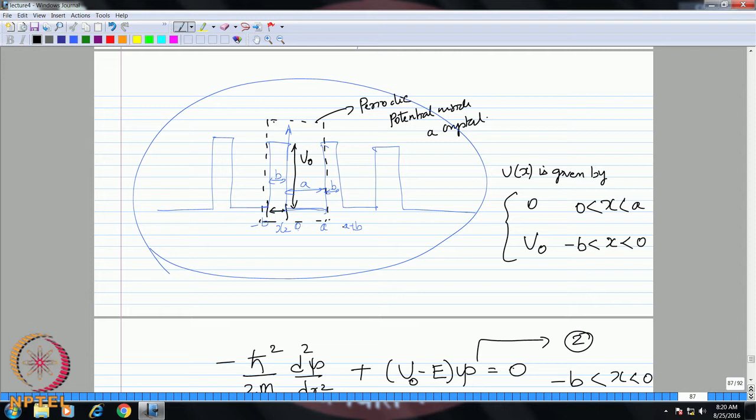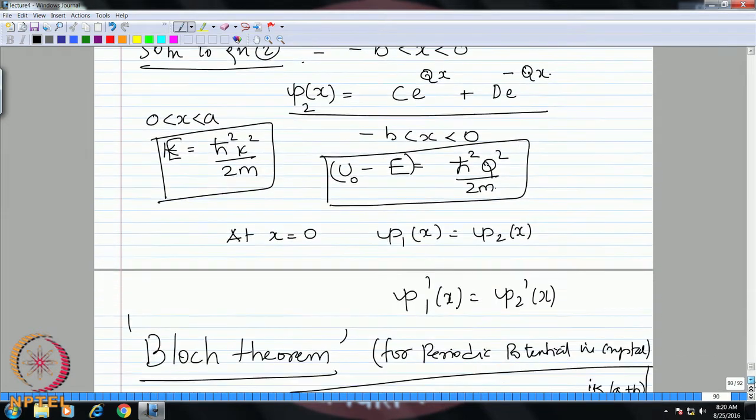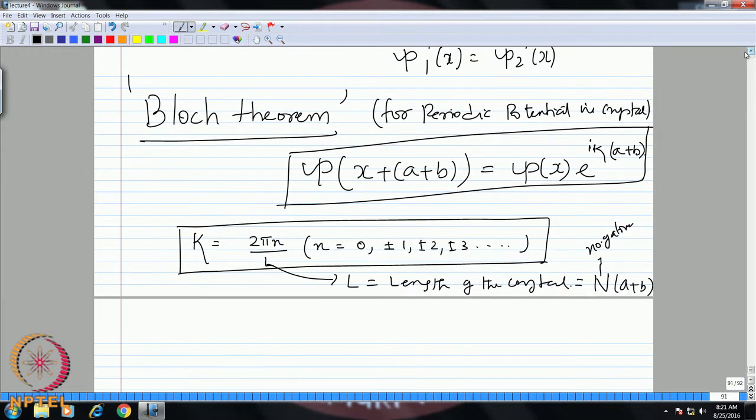So, that is the length of the one dimensional crystal. Within this crystal, the wave vector of the crystal will exhibit a relationship, which is 2 pi n by L, where n can be 0, plus or minus 1, plus or minus 2, etc.